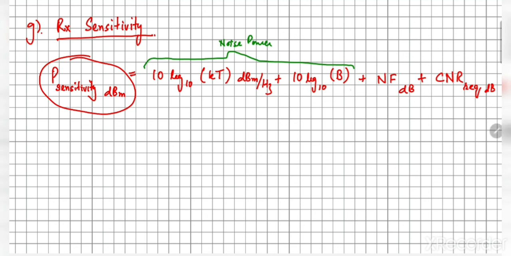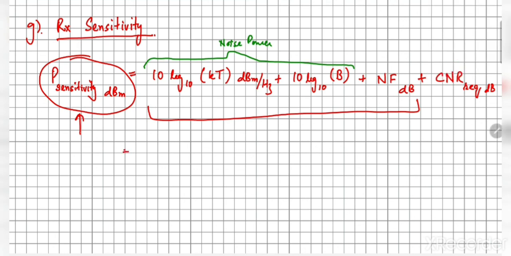So this is the noise power. This is the added noise power by the system. This is basically the total noise power, and this carrier to noise ratio required in dB is added to this noise power to ensure that this signal, once provided at the input of the system, will finally arrive at the output of the receiver subsystems with the sufficient CNR that is required in order to reliably decode the messages at the receiver.